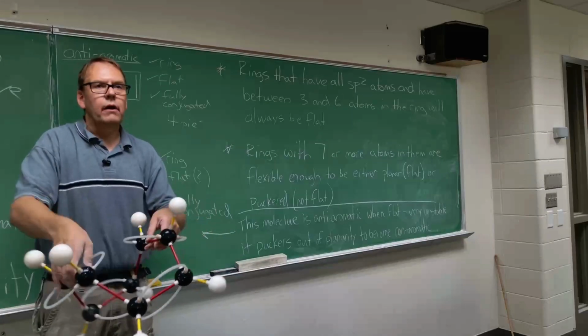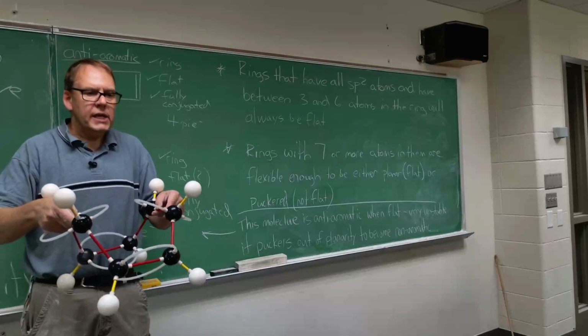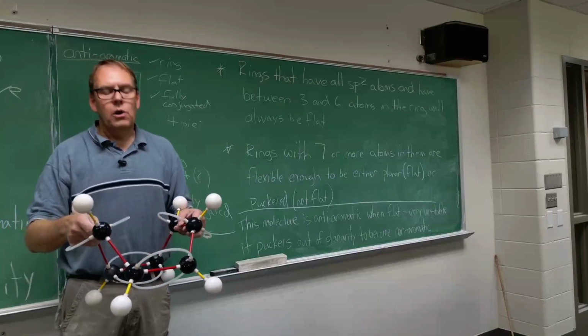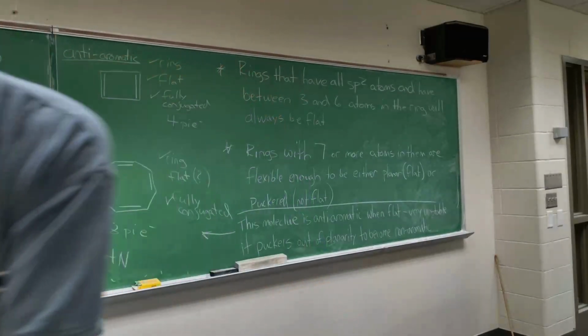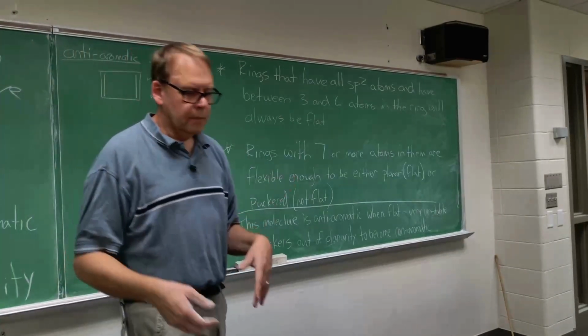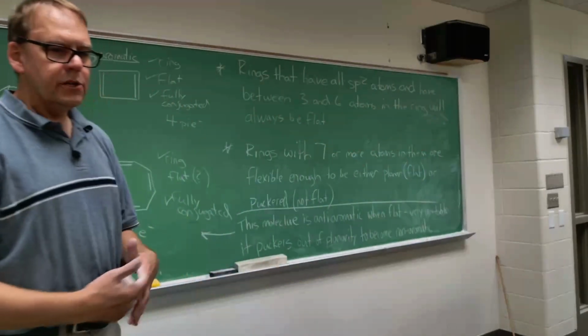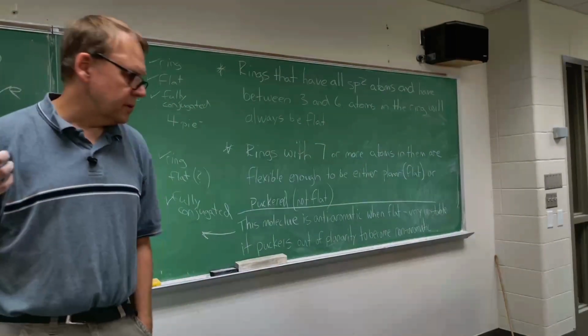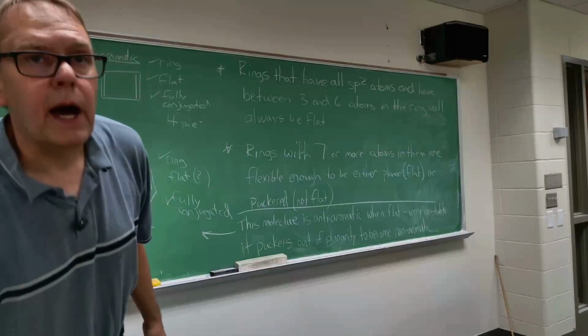Puckered is better because it doesn't suffer from that big energy penalty of being anti-aromatic. So we'll take a look at this with other molecules to ask, would you predict this molecule will be flat? We'll have a little discussion about that now, and I'll draw some structures on the board and we can predict. And it's mostly about counting pi electrons.